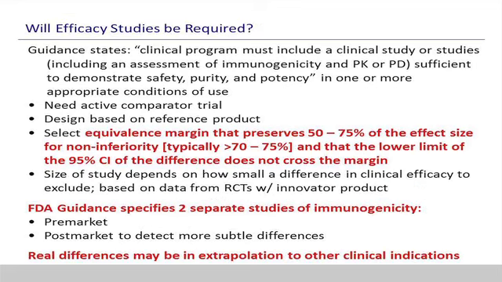What about efficacy studies? Well, at least one study has to be done because you have to have a pre-approval immunogenicity study and a post-approval immunogenicity study. And when you're looking at it, at least one and probably 2 clinical trials. One of them is going to be for equivalency to the reference product, and you need to preserve 50 to 75% of the effect size for non-inferiority, but you also want equivalence so that the lower limit of the 95% confidence interval doesn't cross the margin.